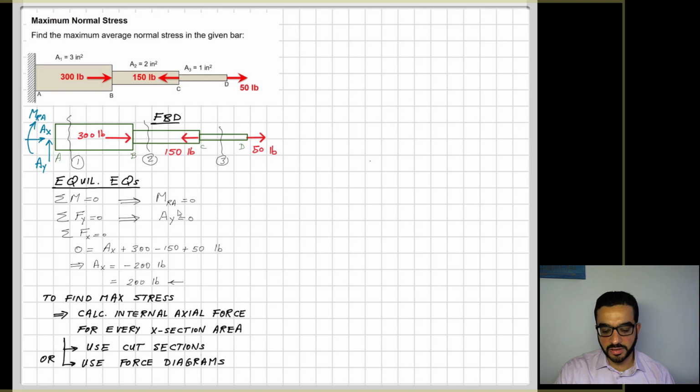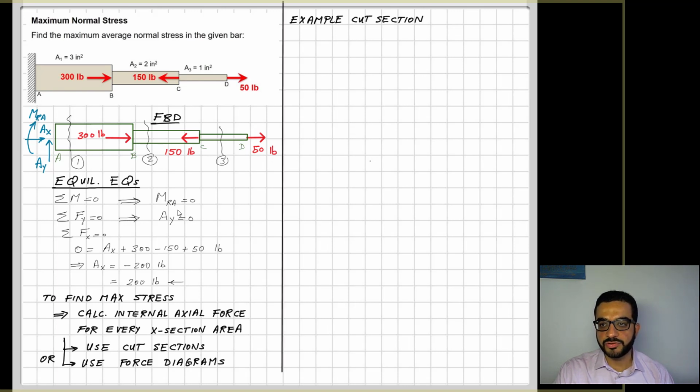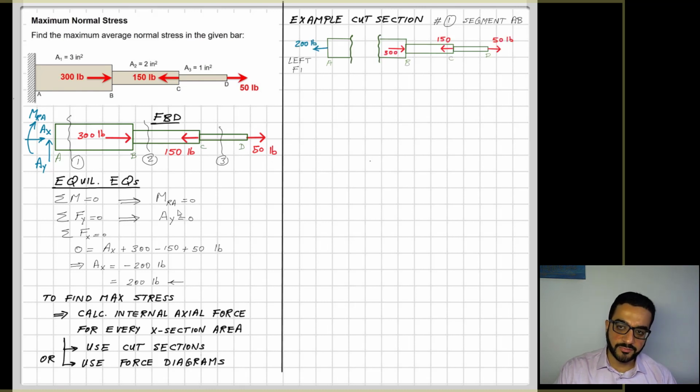As just an illustration of the first method, cut sections, we'll analyze only the first section of the first segment, AB. If I cut through AB, I take out the left free body diagram and the right one. I have the option of analyzing either one. I will analyze the left one, but before that I have to reveal the internal force that appears once I do that cut.